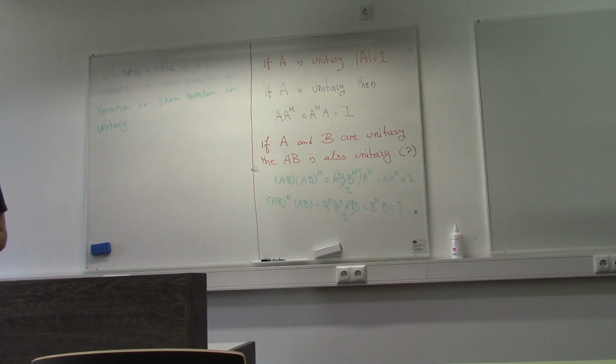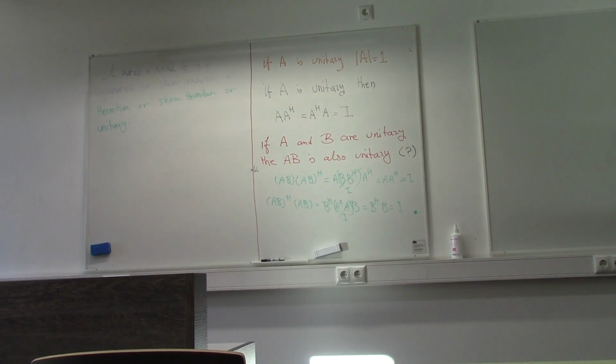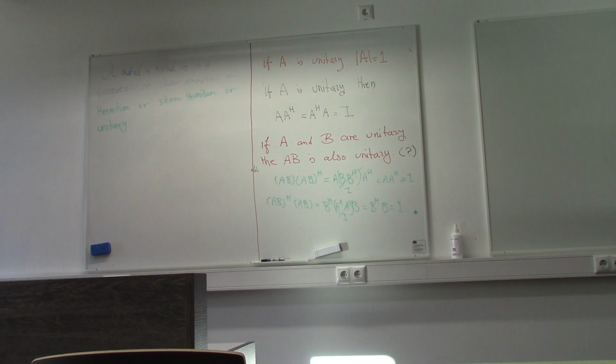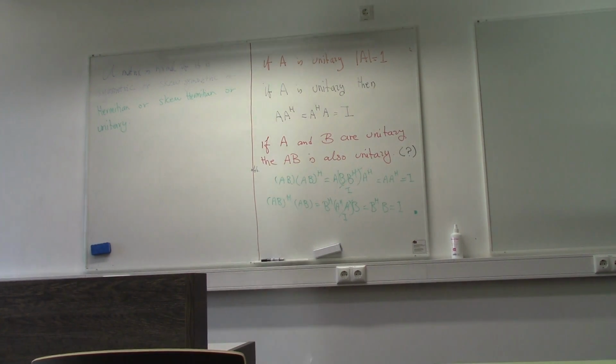What was the definition of normal? A Hermitian A is equal to A A Hermitian, or A transpose A is equal to A A transpose.